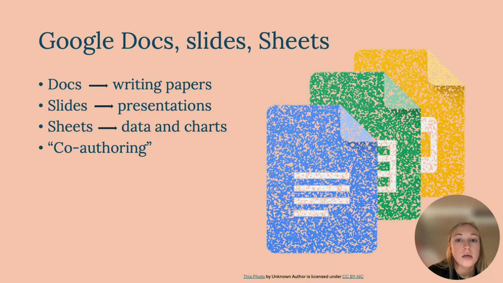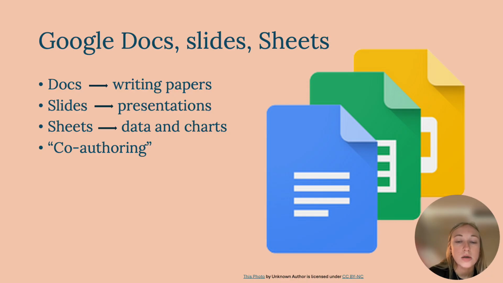One of the biggest benefits of these apps is the co-authoring feature. Multiple students can be inside the same document, simultaneously typing, editing, and brainstorming. This helps eliminate the confusion of who is working on what part and teaches students the essential real-world skill of collaborative digital production.